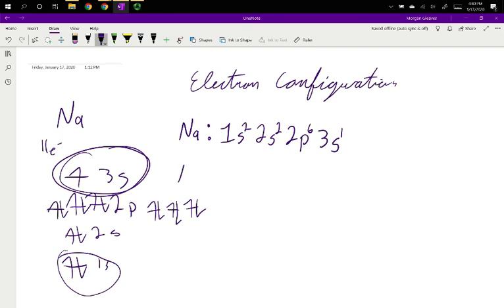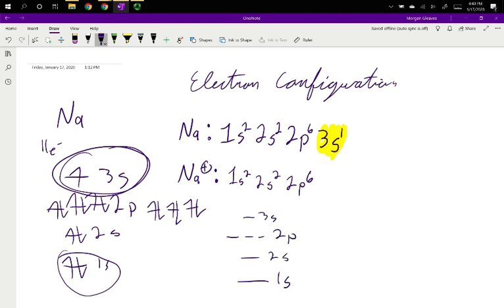If I want to do it for an ion, sodium plus, we always lose electrons from the highest orbital first. So we're going to lose electrons from there. All that's going to be left is the 1s2, 2s2, 2p6, which is what we would have if we fill our 1s orbital, our 2s orbital, our 2p's, and then our 3s.